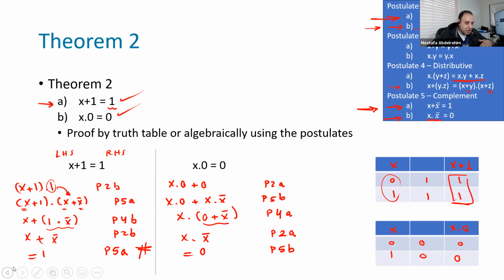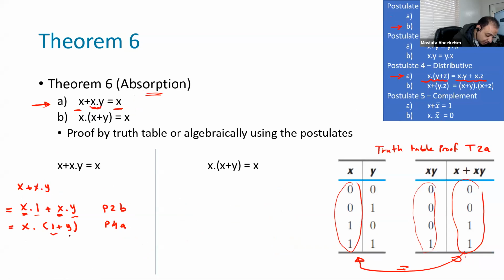We proved theorem 2 that x or 1 is equal to 1, so we can use it in other theorems. So that's the case here. In theorem 6, we have this 1 or y. From theorem 2a, 1 or y is equal to 1, so this is x dot 1.